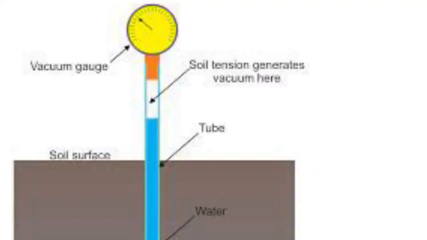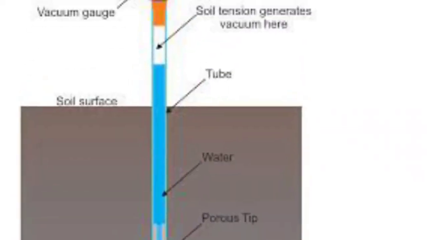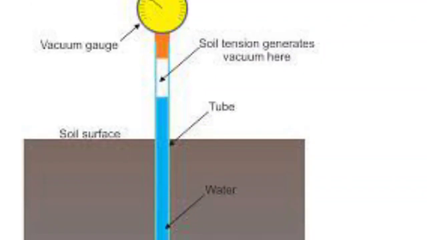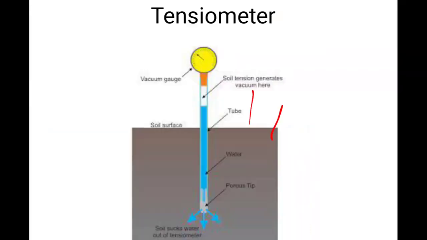A tensiometer has a vacuum gauge. It is also called a pressure gauge. Then it has two tubes, an inner tube and an outer tube.